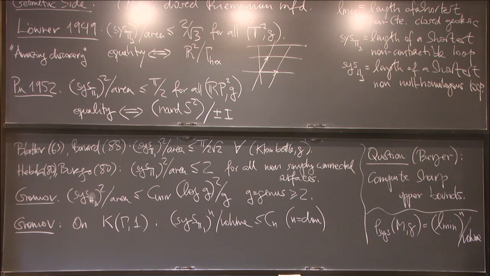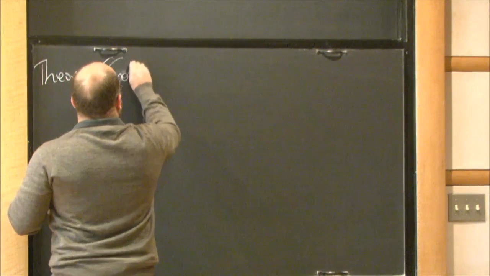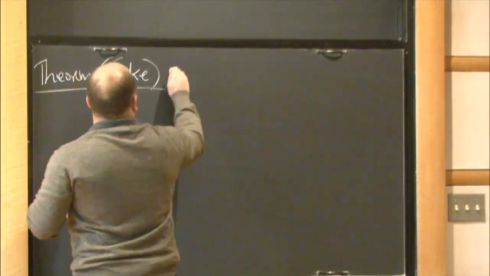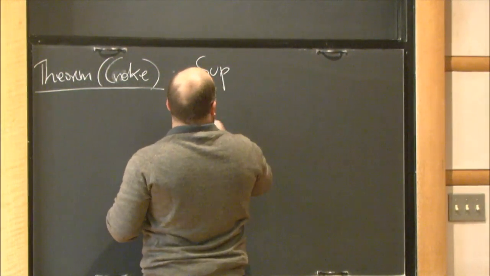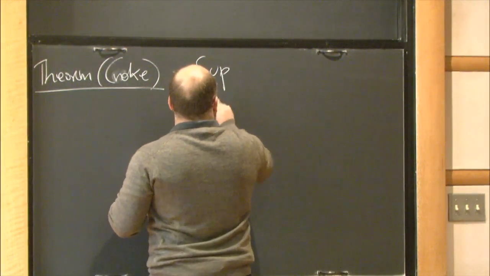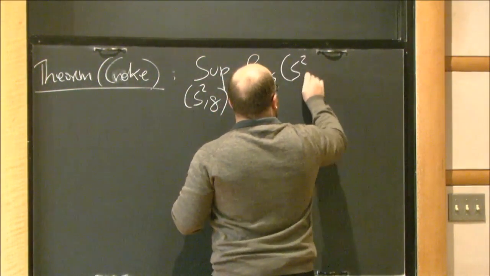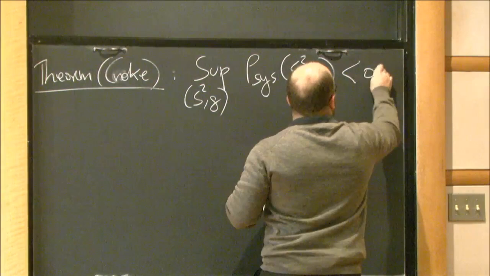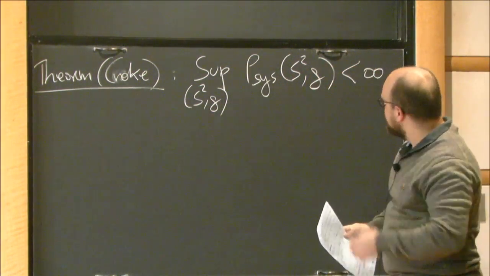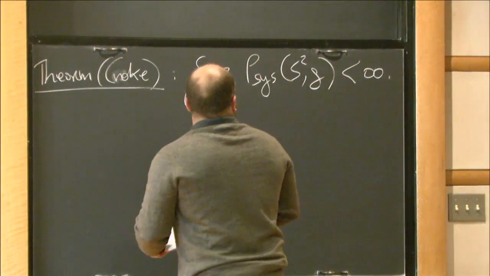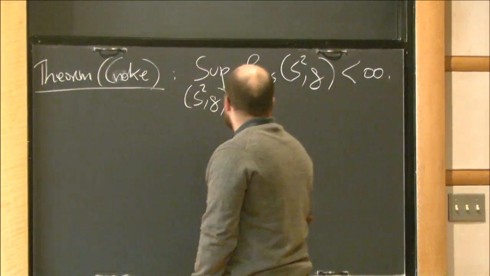I should mention a result by Croke, stating that the supremum among all Riemannian two-spheres of the systolic ratio is finite. So there is systolic geometry also on the two-sphere. And the question is, what is this number?